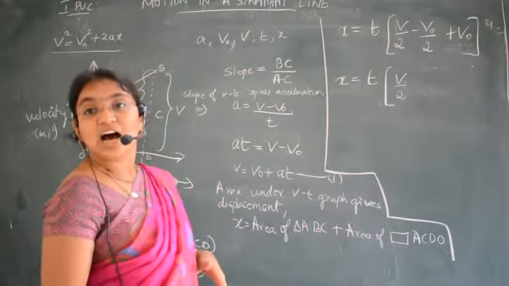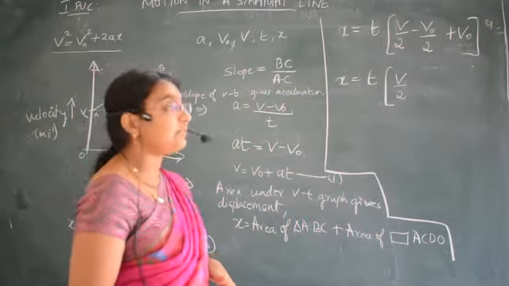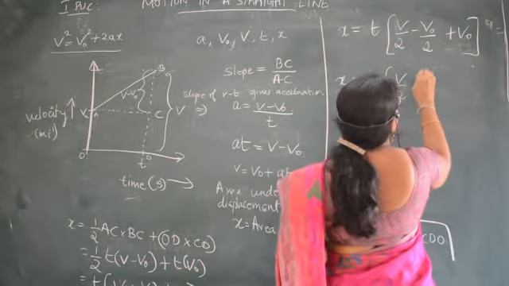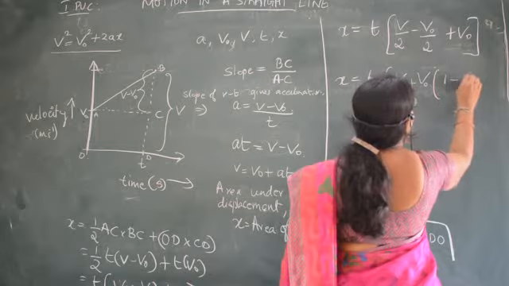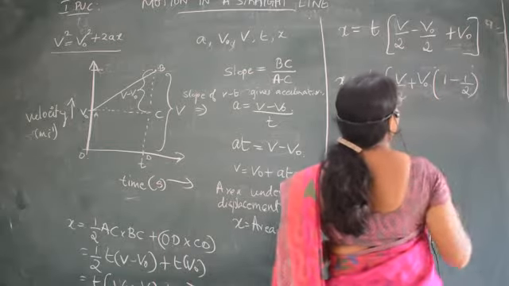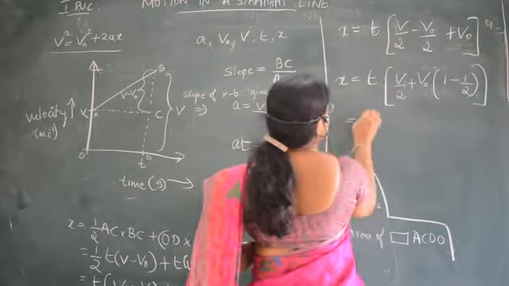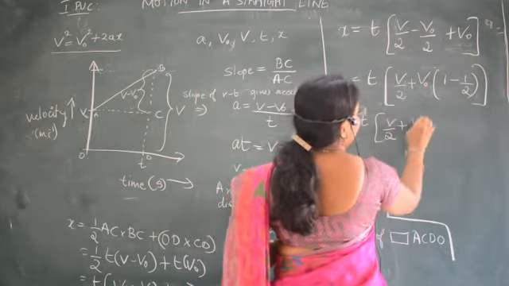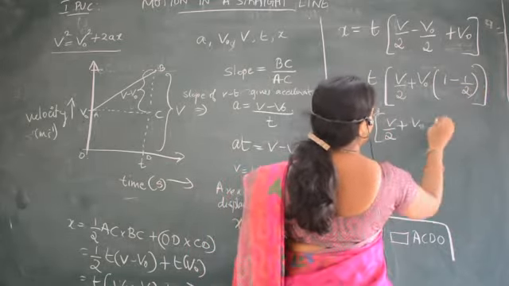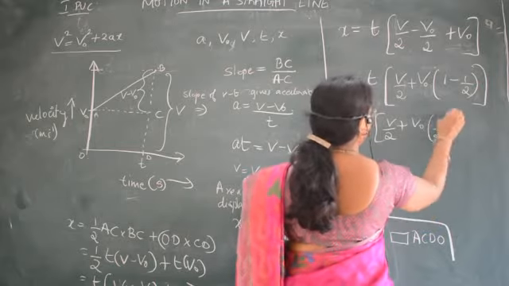1 minus a half. Correct? Is half. So what I'll do is, I'll take V naught outside, 1 minus half it will be, correct? Then, what is remaining? V by 2 plus V naught, 1 minus half is half.